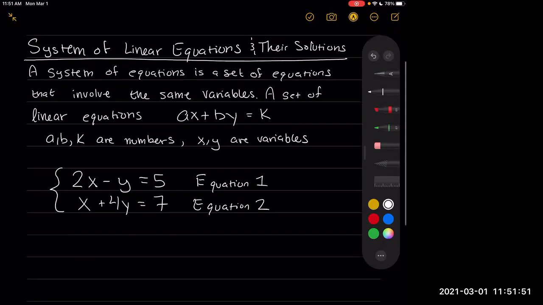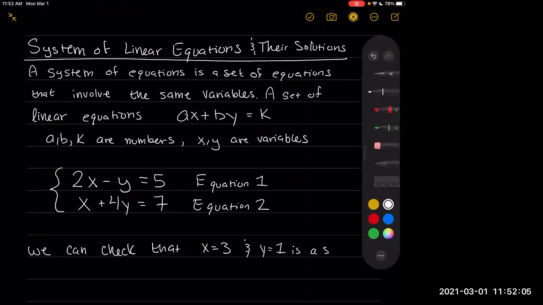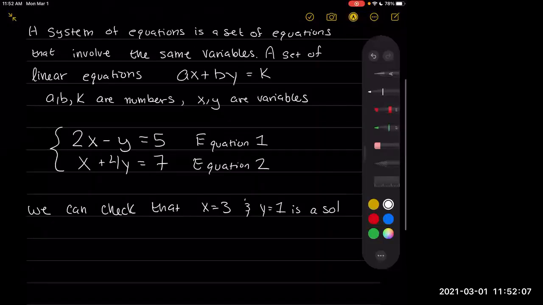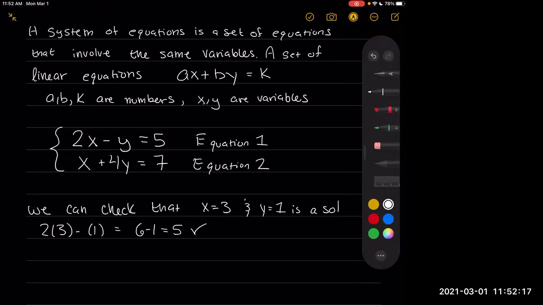And now we can check that x equals 3 and y equals 1 is a solution. If we plug in those values, we will see that 2 times 3 minus 1 is 6 minus 1, that equals 5. That matches equation 1.